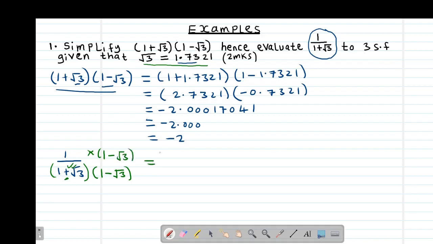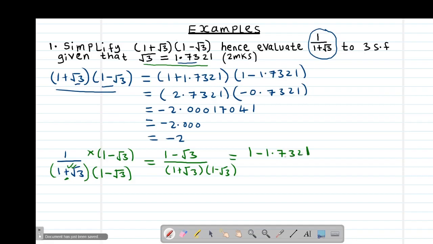So this will be equal to 1 times 1, you'll get 1, then 1 times the root of 3, you'll simply get negative the root of 3, divided by, on the denominator, 1 plus root 3 into 1 minus the root of 3, which is the value we already found as negative 2.